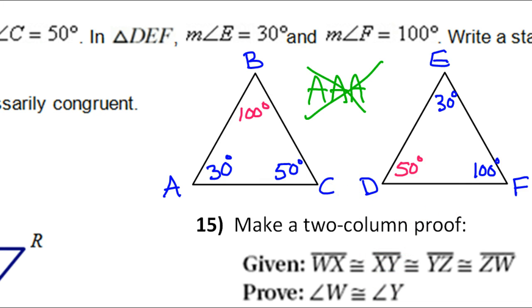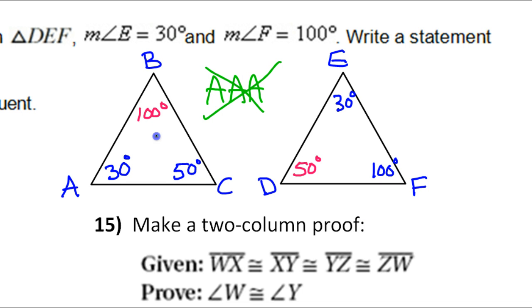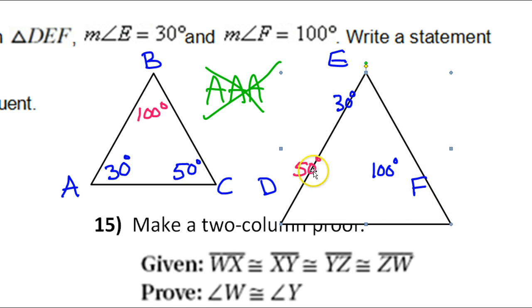Alright, because for all I know, this triangle could be smaller and this triangle could be bigger. And it could still have your 50 degrees and your 30 degrees and your 100 degrees.